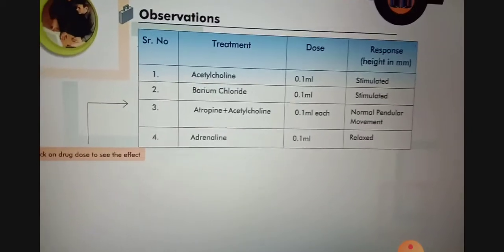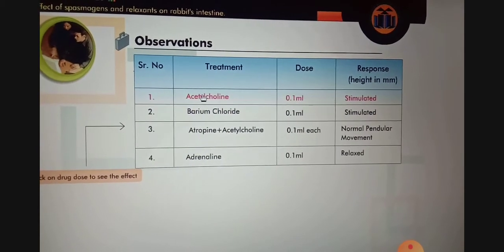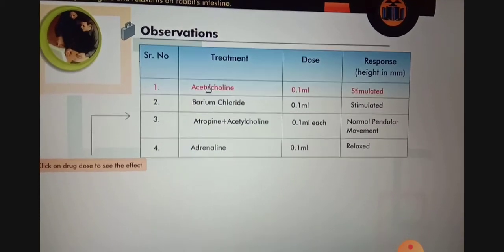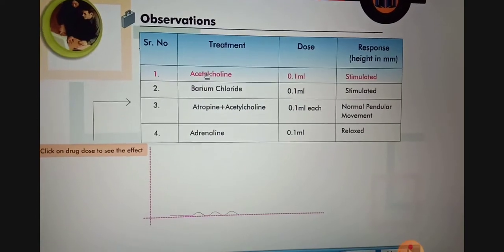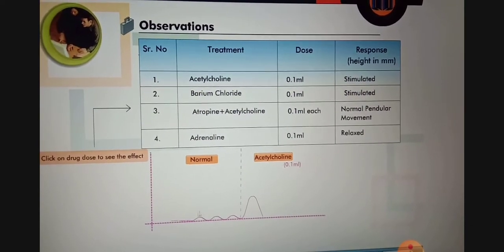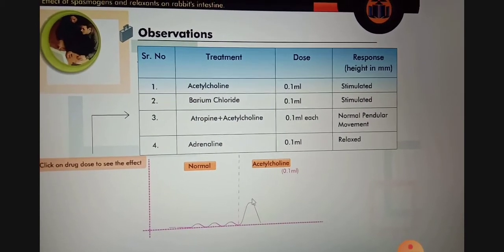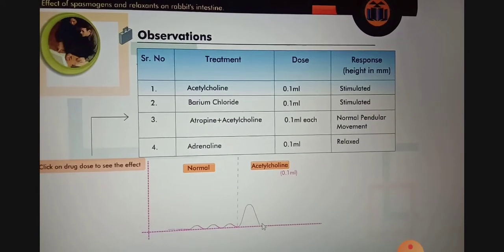So here it is, the observation table. First, when we inject the acetylcholine drug, what is the response we get? So this is the graph that indicates it. Here you can see this is the normal pendular movement, and when acetylcholine is injected, the peak height increases.